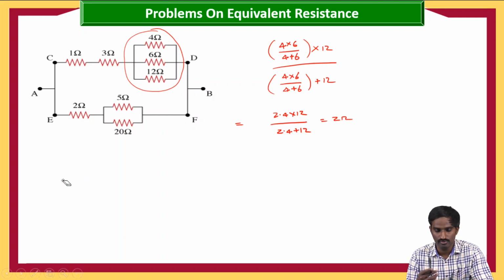Another thing we can do here: these 5 ohms and 20 ohms are also in parallel because these two have the two common nodes.